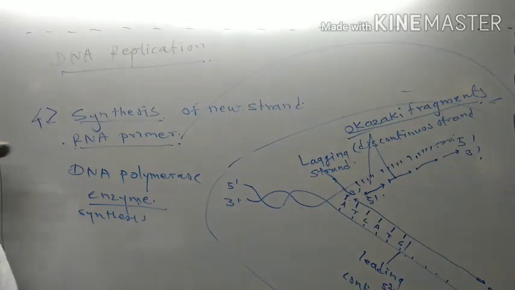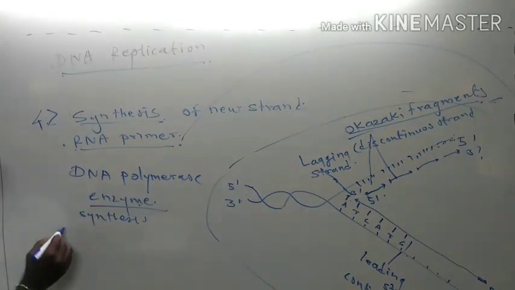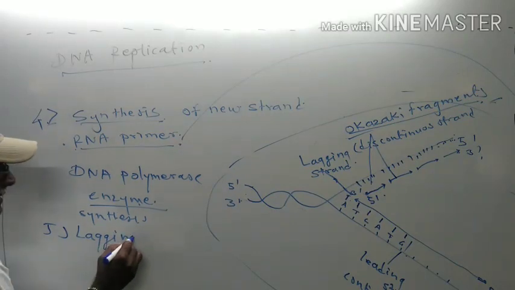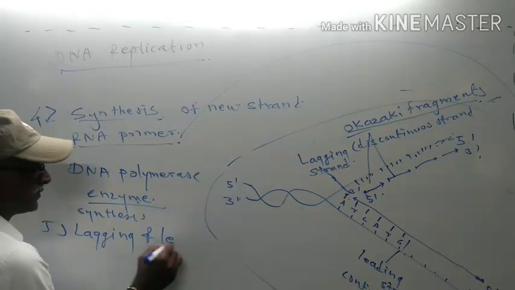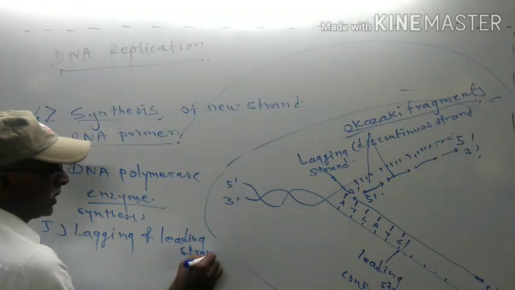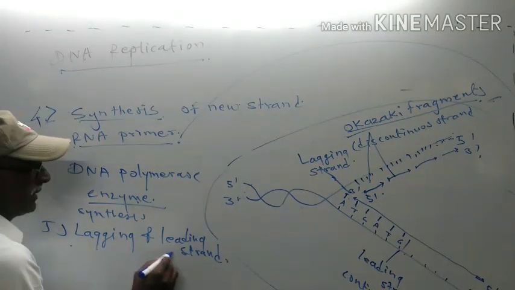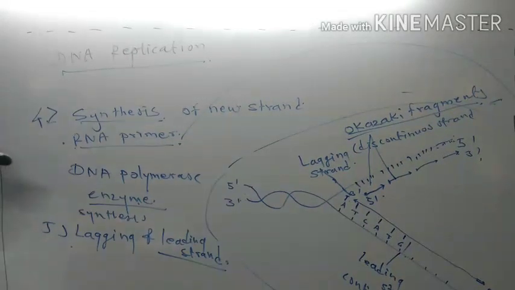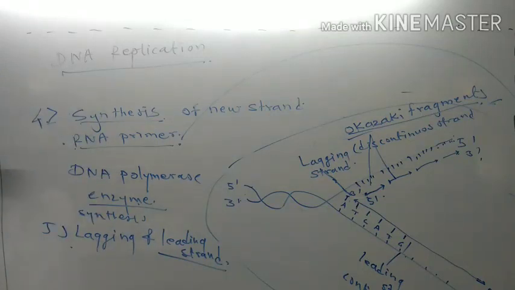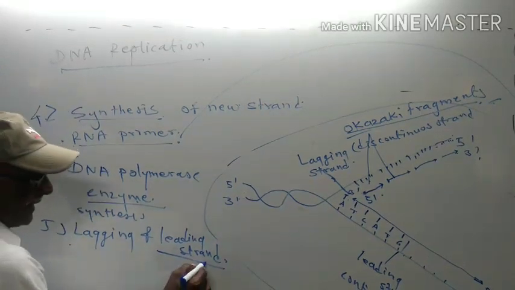Now, leading and lagging strand, the 4th step, I have explained in the figure. The 4th step is lagging strand and leading strand. Two strands are formed. One is continuous, that is called as leading strand, which is formed on the template of the 3' end where RNA primer gets attached.